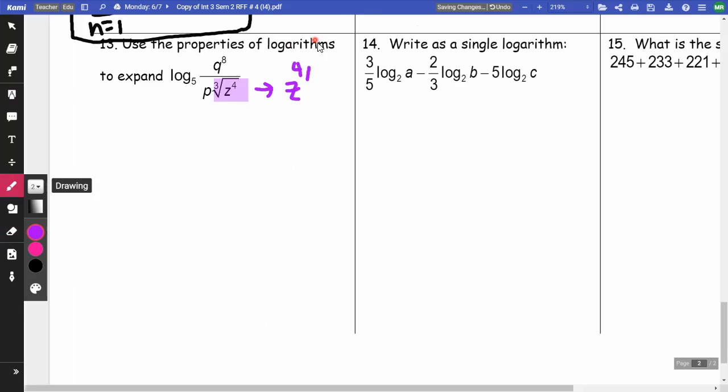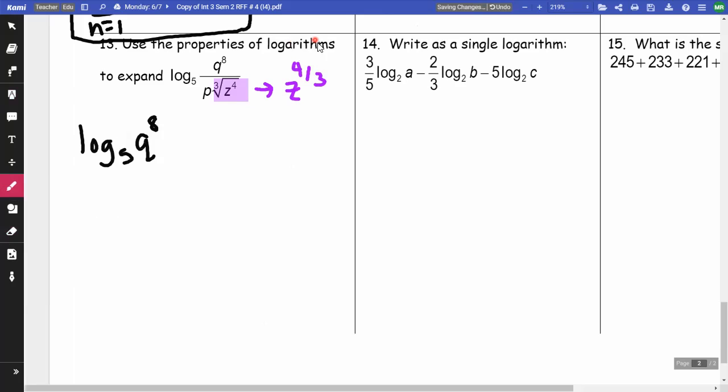So I'll do it in 2 steps: log base 5 of q to the 8th minus log base 5 of p minus log base 5 of z to the 4/3. Then all the exponents get moved in front. That's one of the properties of logarithms.